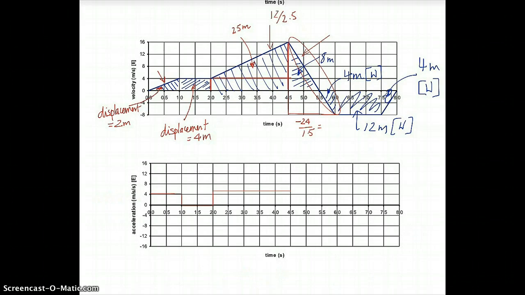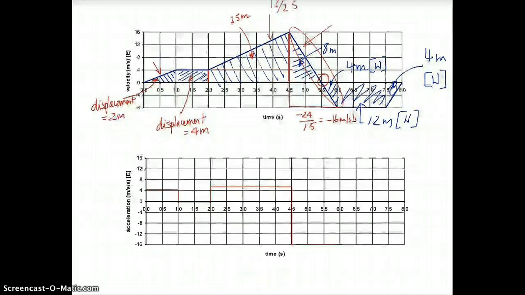So negative 24 divided by 1.5, I get negative 16. So negative 16 meters per second per second. So even though there's a change in direction right here at 5.5 seconds, the slope is still the same all the way in between there. So it actually means two different things, but the same value of the acceleration. So it goes down to negative 16 for another 1.5 seconds, like so. And that's it. So that's the end of the graph.